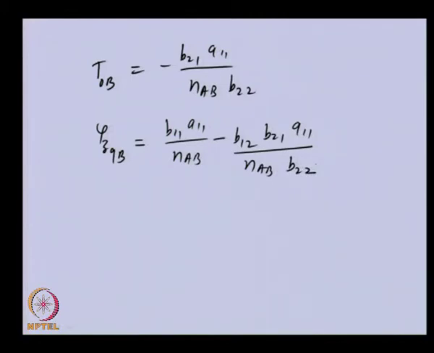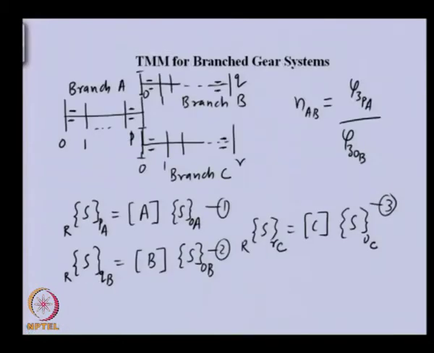So, now you can see we could get the angular displacement in branch B at the qth station, that is the far end of this one.